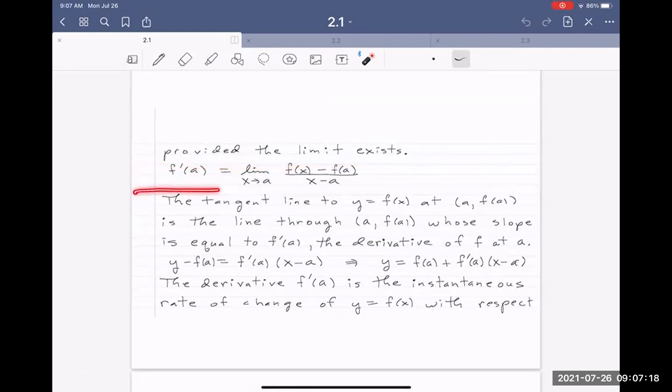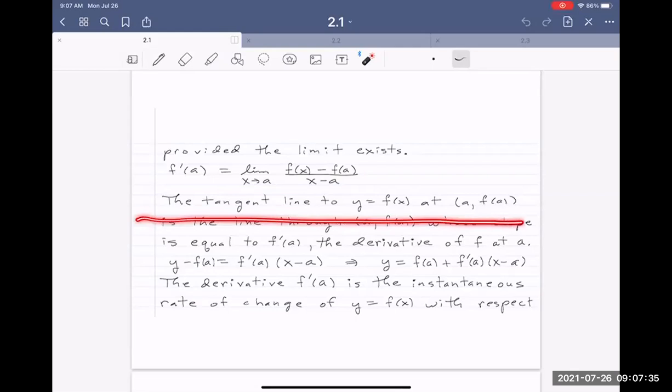F prime at a is also equal to the limit as x approaches a of f of x minus f of a divided by x minus a. These are all just saying the same thing.